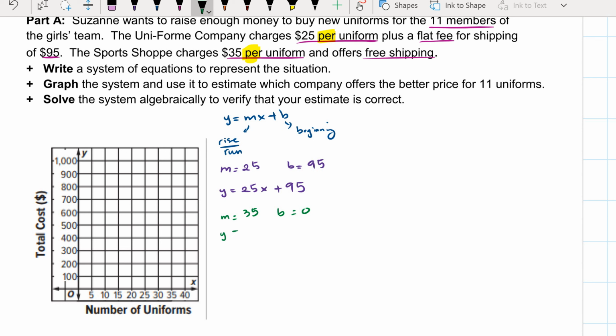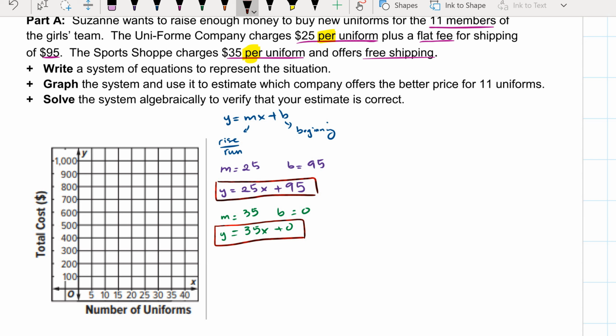Your second equation is y equals 35x plus 0. We just finished the first part of Part A, which is to write the equations. Let me box this so you can see our answer: y equals 25x plus 95 and y equals 35x plus 0.